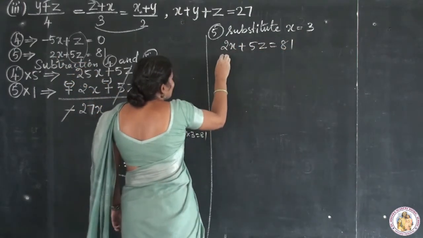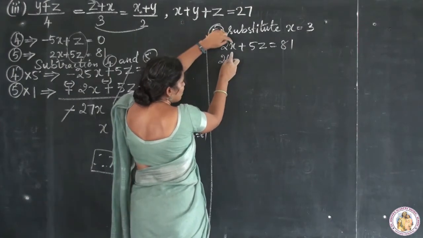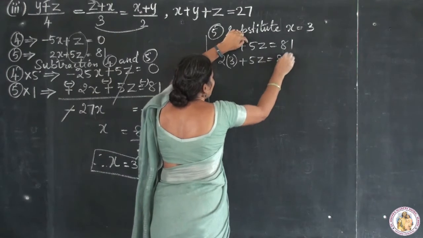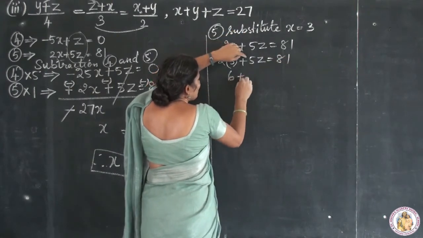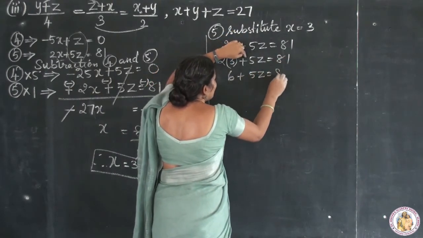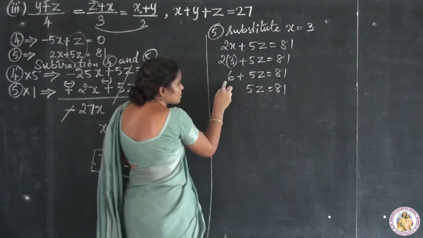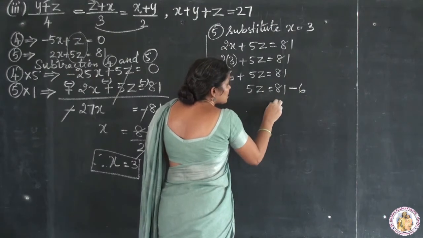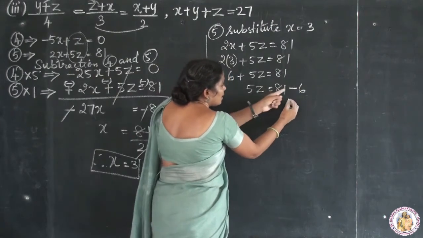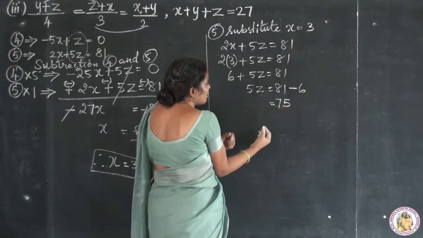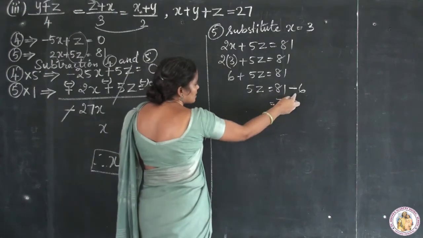In the place of x, write 3: 2 3s are 6 plus 5z is equal to 81. 5z is equal to 81 plus 6 will become minus 6. 81 minus 6 is 75.